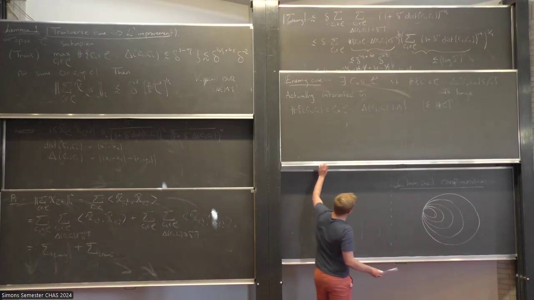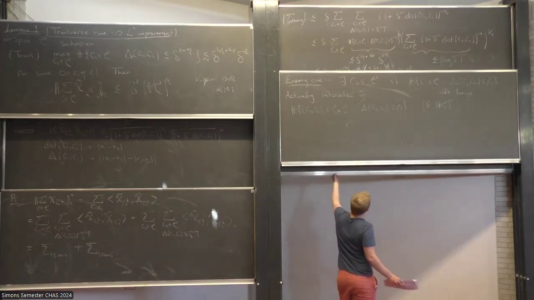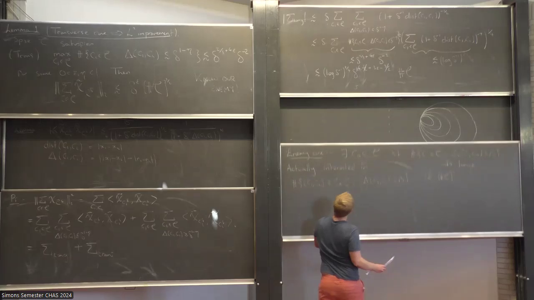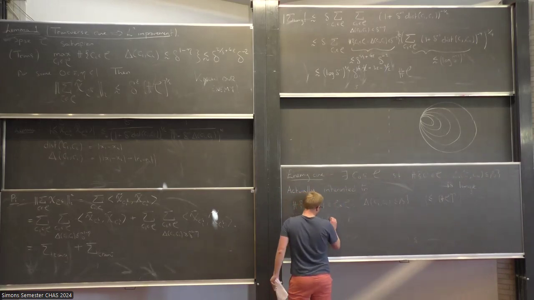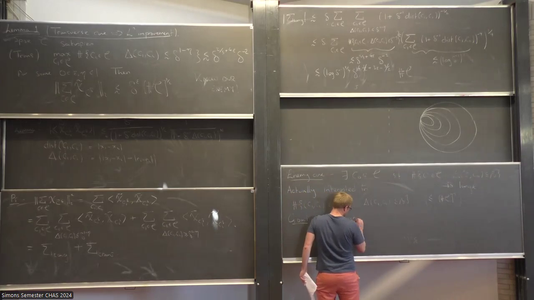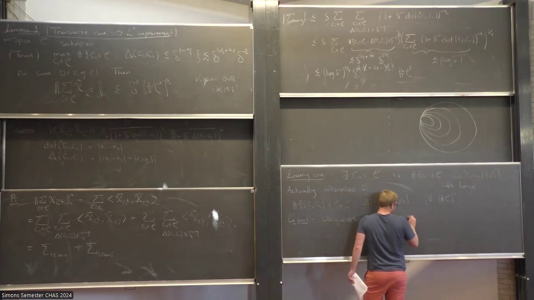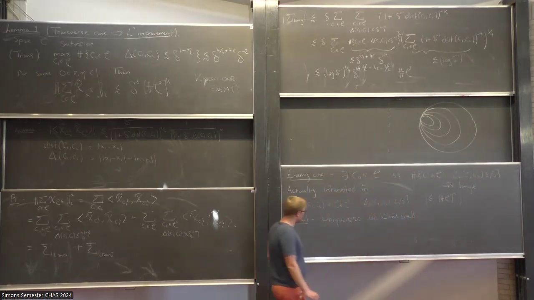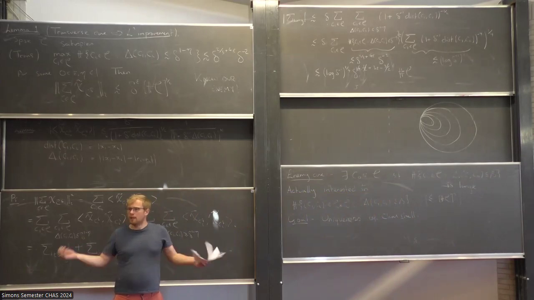So our first goal is to show somehow this clamshell configuration is unique. What I mean by this is it's the only situation where we can have many tangent pairs.